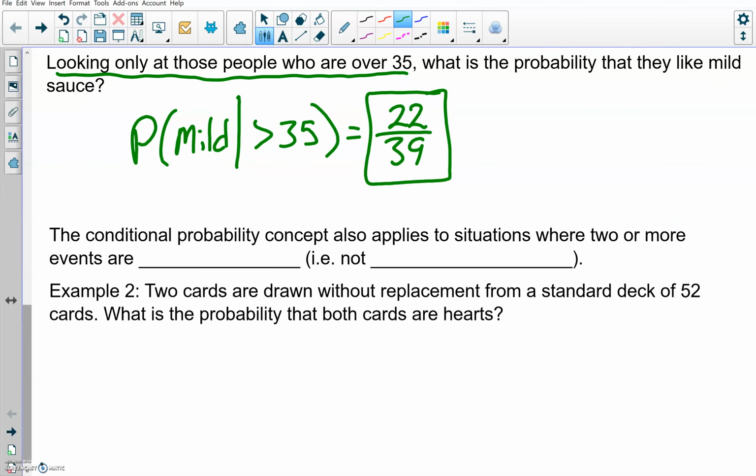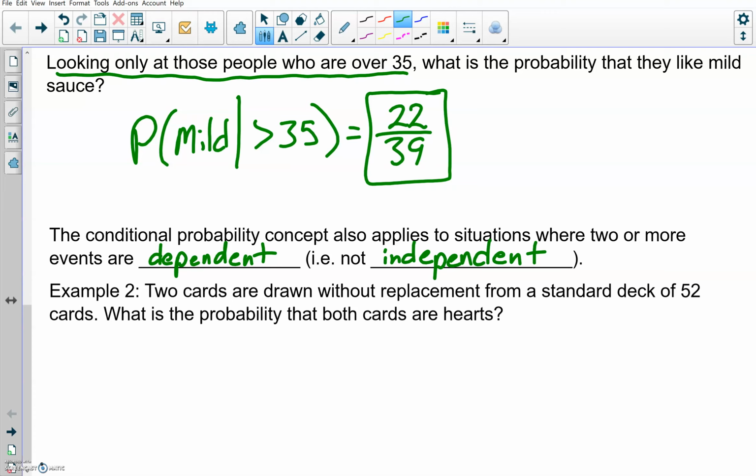So the conditional probability concept also applies to situations where 2 events are dependent, i.e. not independent. And if you remember, independent is when one thing doesn't affect the other. When we were looking at the probability of A and B, you would just multiply the probability of A times the probability of B if they were independent.